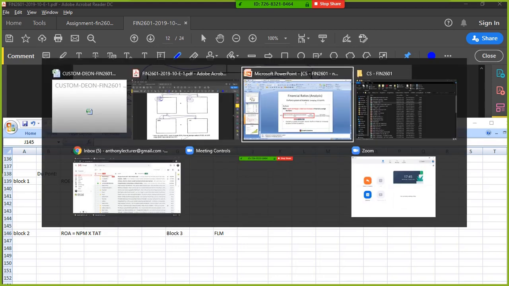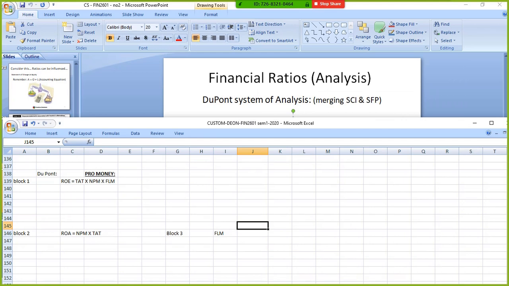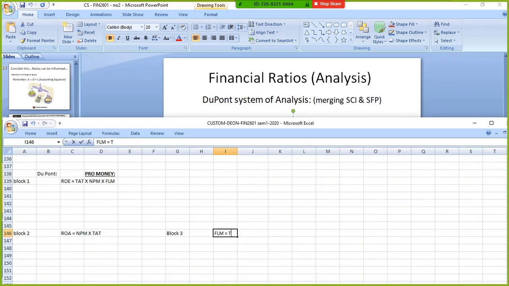Go to my formula sheet here. Total assets over ordinary shareholders' equity. Yes, total assets over shareholders' equity. That's FLM.